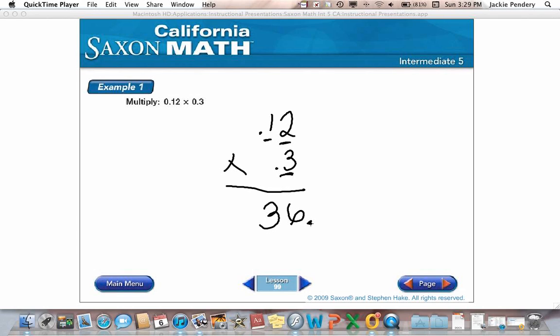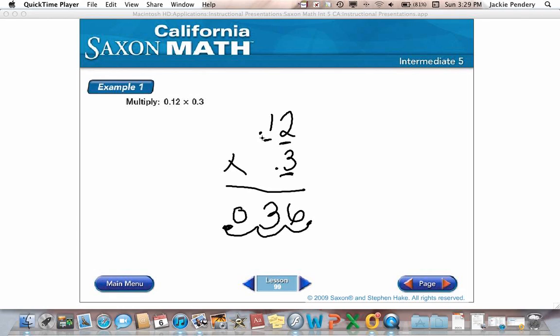So I start by putting my decimal at the end of my number, and I have to move it 3 places. 1, 2, 3. So this is where my decimal would end up, but there is no number right here. I moved it across nothing. So this is where my placeholder comes in. I need to add a 0 here.